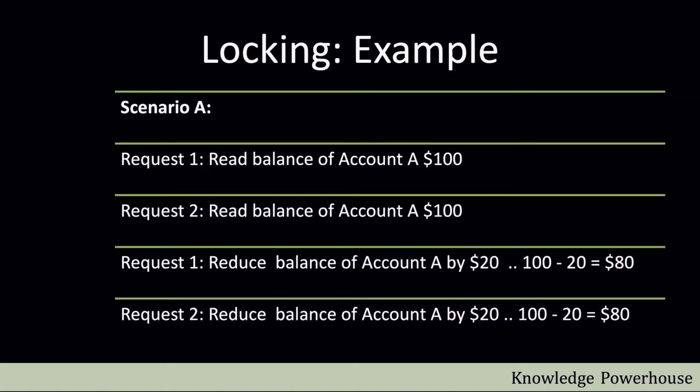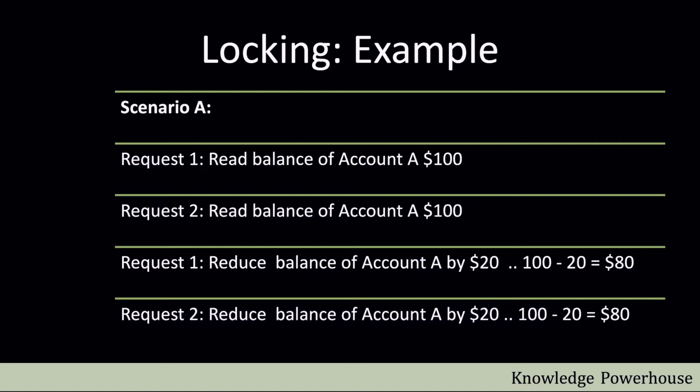Scenario A: the first request reads the balance of account A, it's $100, very good, we can transfer $20. The second request comes, it also reads the balance and says there's a balance of $100, we can transfer it. Then the first request reduces the balance of A by $20, and because it read $100, 100 minus 20, it becomes $80.